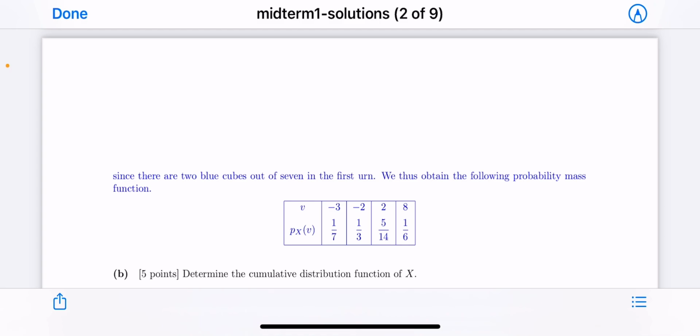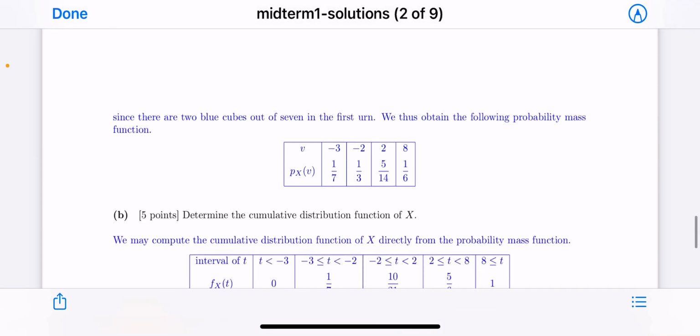I've written a bit of explanation in the solutions here, but in terms of grading the problems for this sort of definition recall, you can get a perfect score just by doing what you're asked with no additional explanation, because there really is no explanation needed other than to implement the precise definition of the words. So we can have this table for the probability mass function.